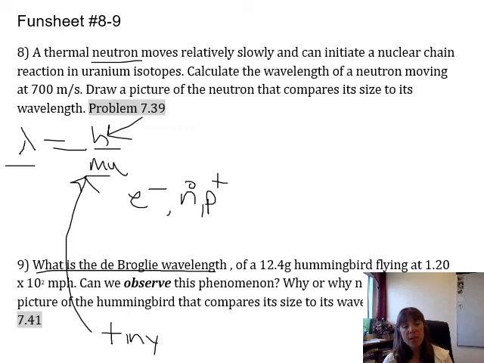A bird is flying much slower and is much heavier, so that makes your lambda much smaller. Go ahead and try those two problems and compare the two wavelengths, and you'll see that the subatomic particle has a larger wavelength, and it's more comparable to itself than the bird's is.